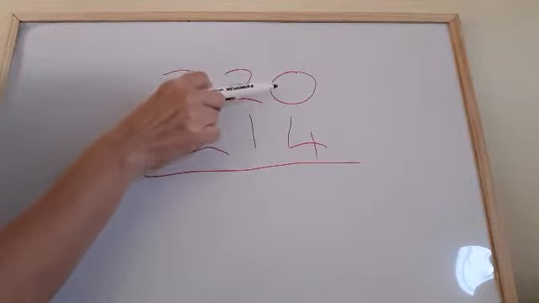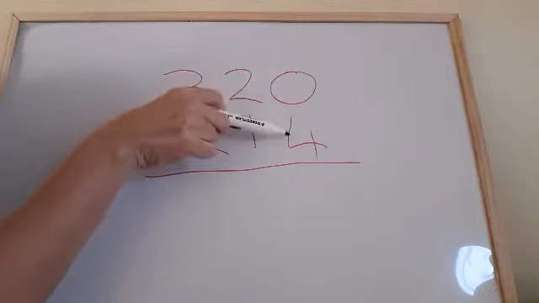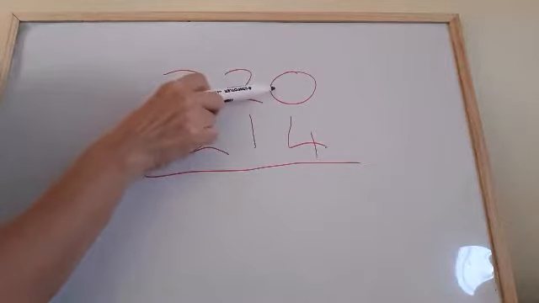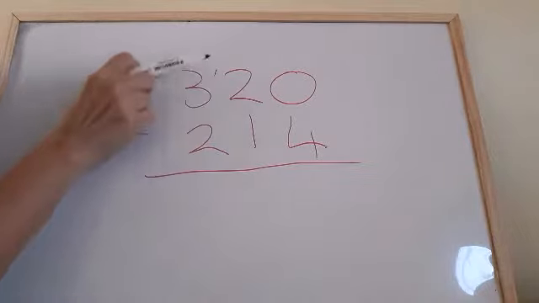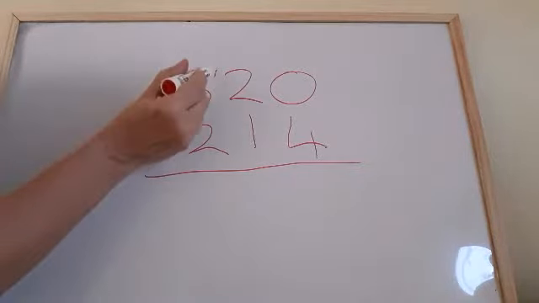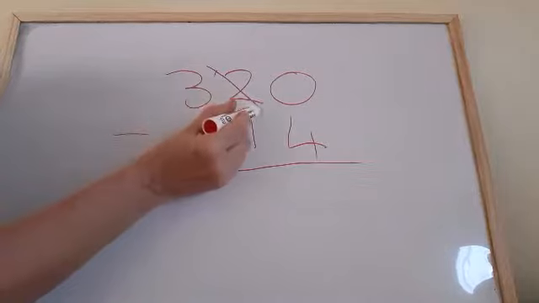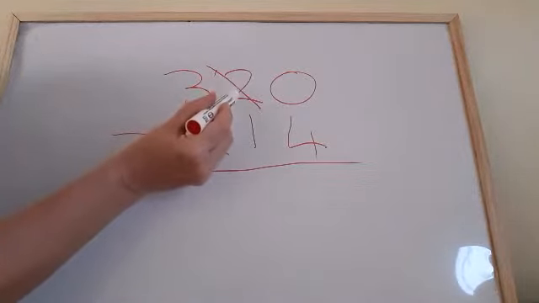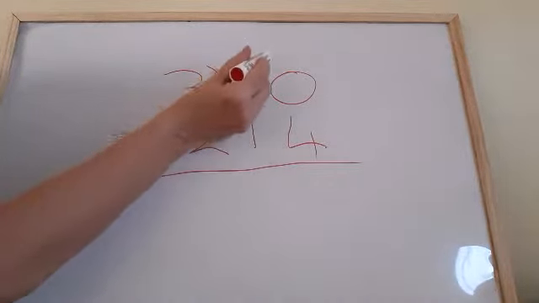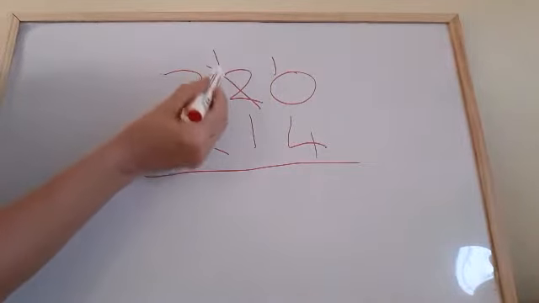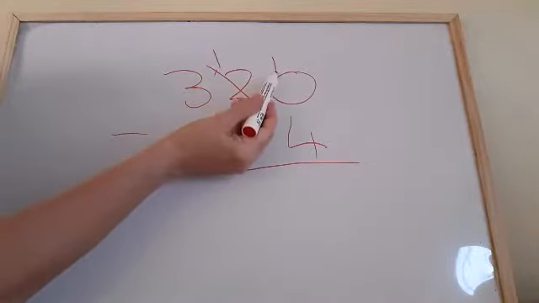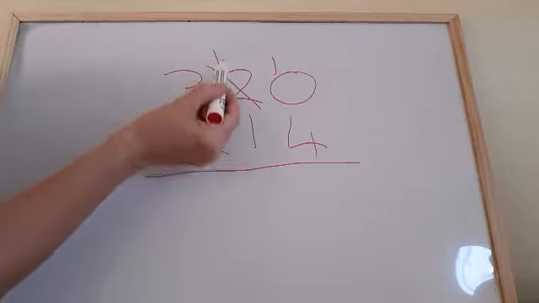Well, if I've got 0, I've got 0. I can't take 4 away because there isn't any. So I have to get some from somewhere else. So I go to the next column, this column here, and I cross out these 2 tens and I take one of them away and put it here. And the other one stays here. So there's 1 ten, there's another ten. Okay, so it's in the tens column.